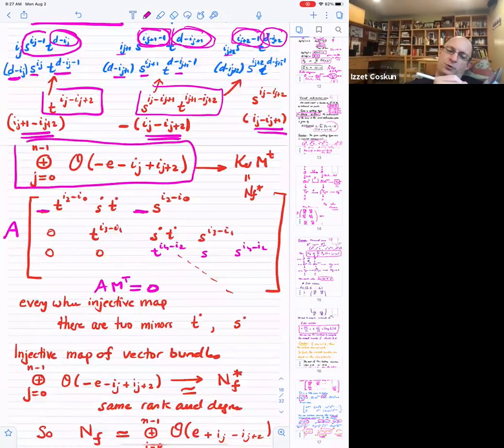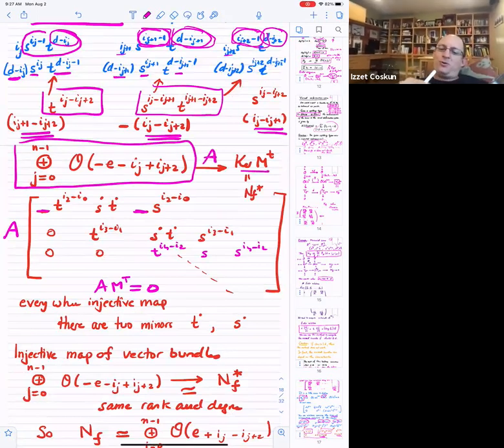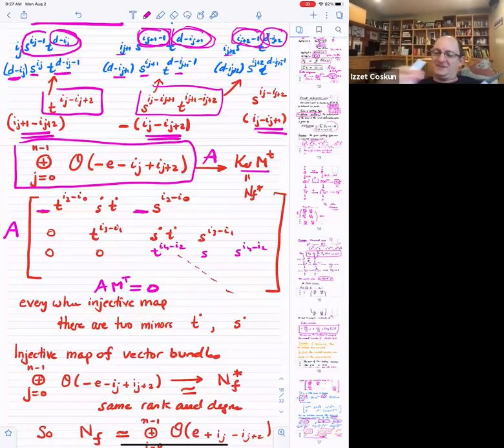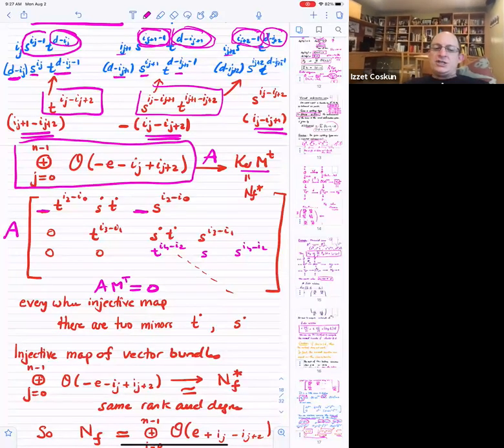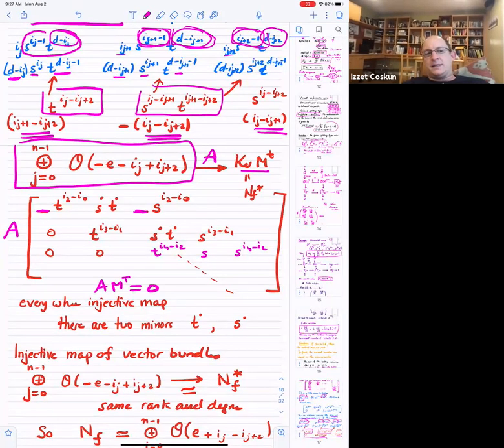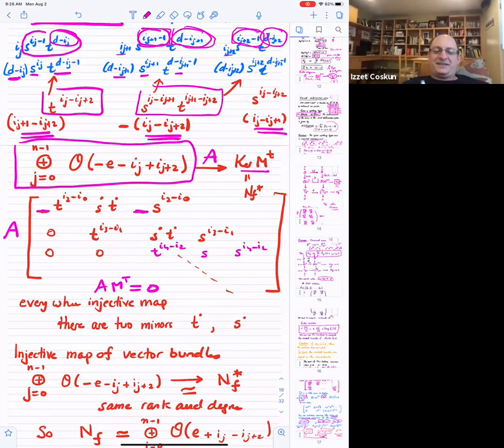There is a map from this bundle to this kernel given by this matrix A, because A composed with the Jacobian transpose is equal to 0. That's how we got this matrix. In general, you can easily ask a computer to compute the relations among the columns of this matrix, and as long as the matrix is relatively small, the computer will spit it out immediately. In this case, we can do it by hand.